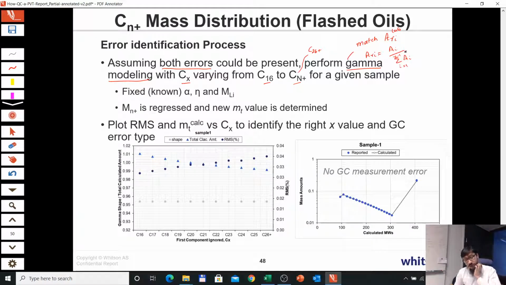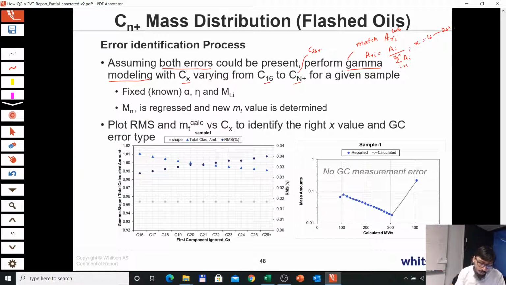Okay, so that will be an exercise that we will do, and we should be changing this x value here. So x starts from 16, and it will go to, for example, here in this exercise, 26 plus. For each x value, we will be doing this gamma distribution model, trying to fit the relative areas from the lab data.